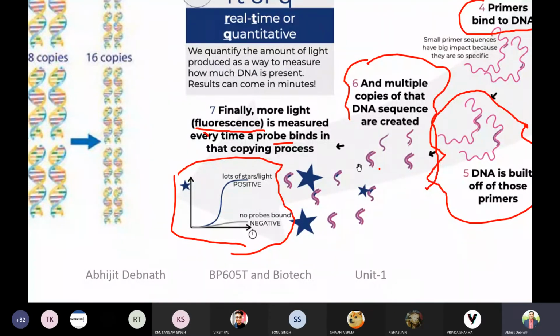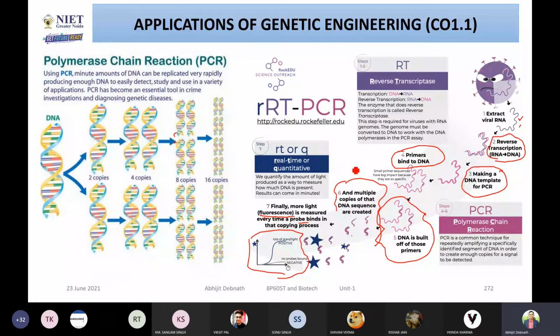Look, see here what is being checked. Suppose somebody is not infected with the COVID virus, and you take a sample from his nose. But there is no COVID virus.